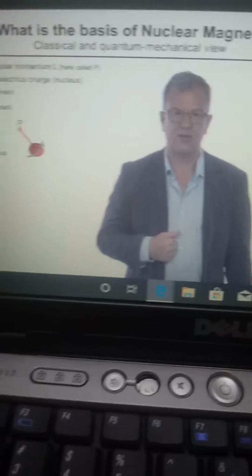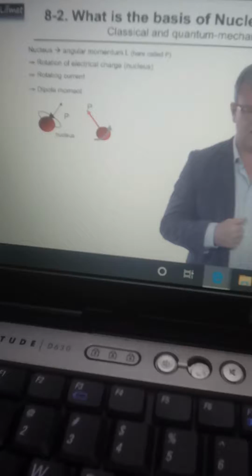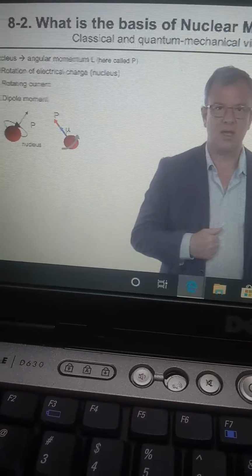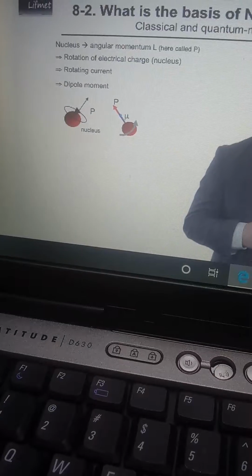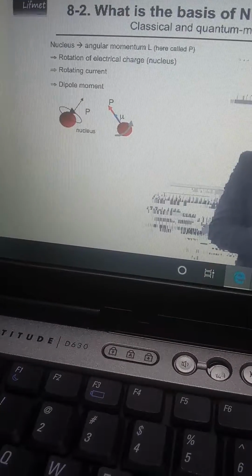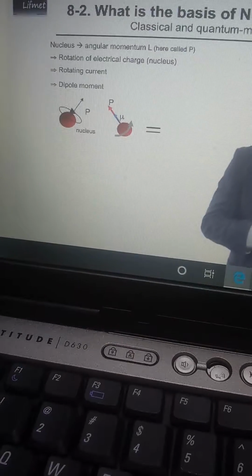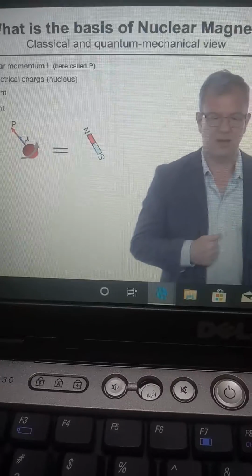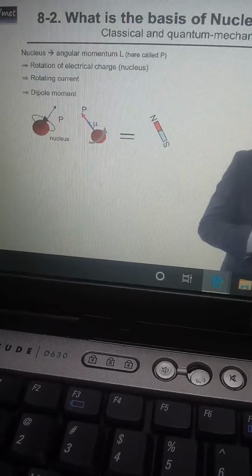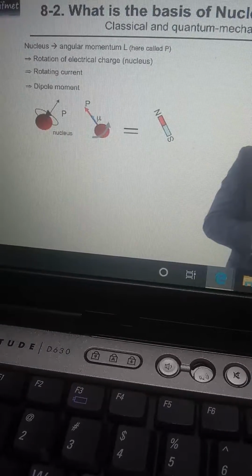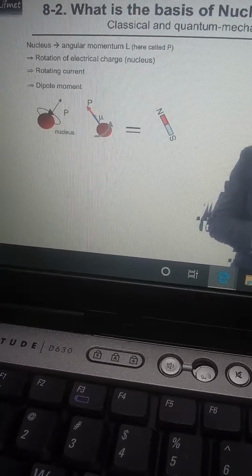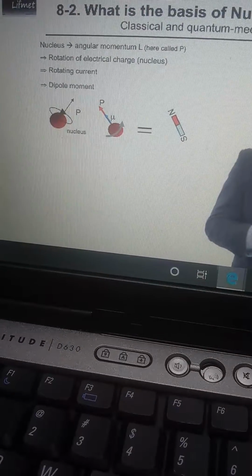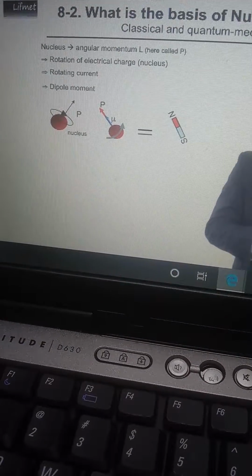So we'll associate it, just like with a ring current, with a dipole moment that we will call mu here. Now, in terms of magnetism, we can picture the nucleus as if it was a bar magnet. It's not a bar magnet per se, but it acts electromagnetically like a bar magnet. It has a dipole magnetic field associated with it.